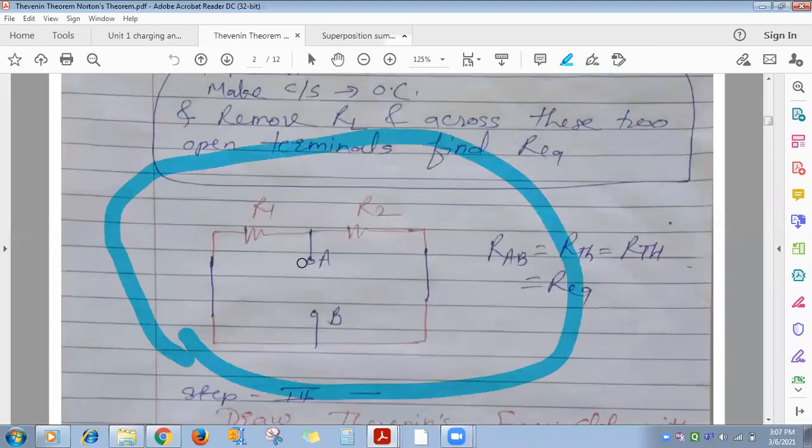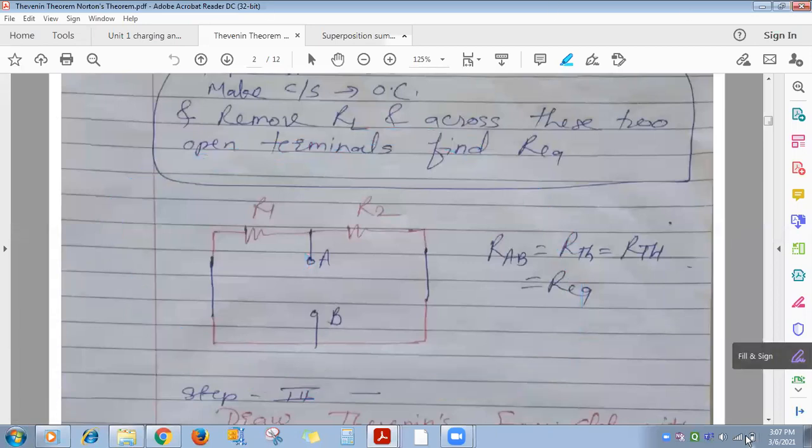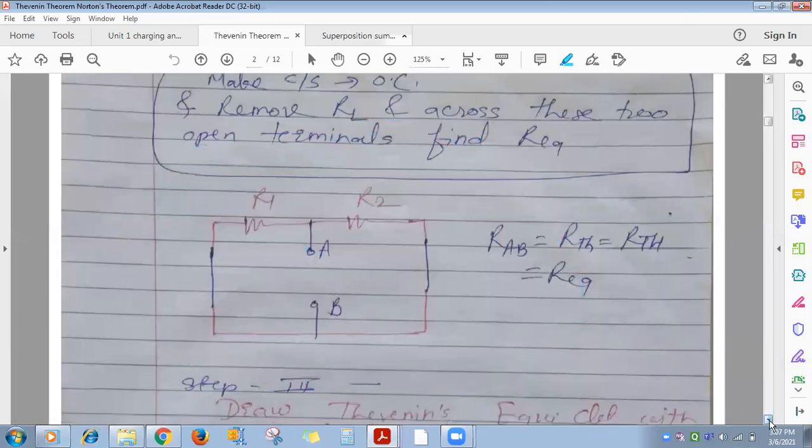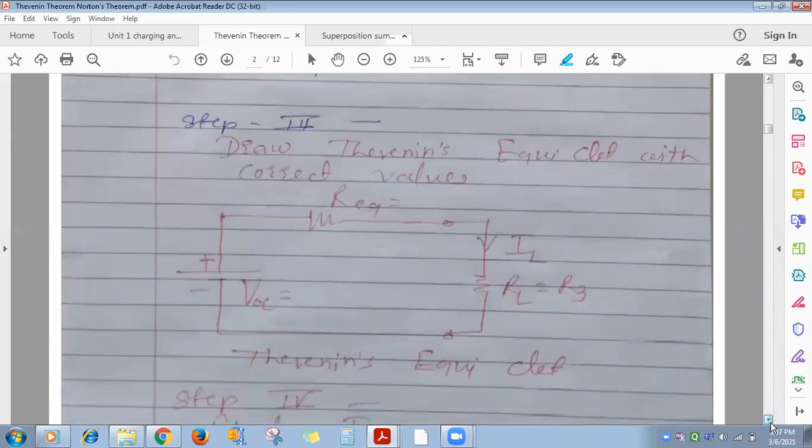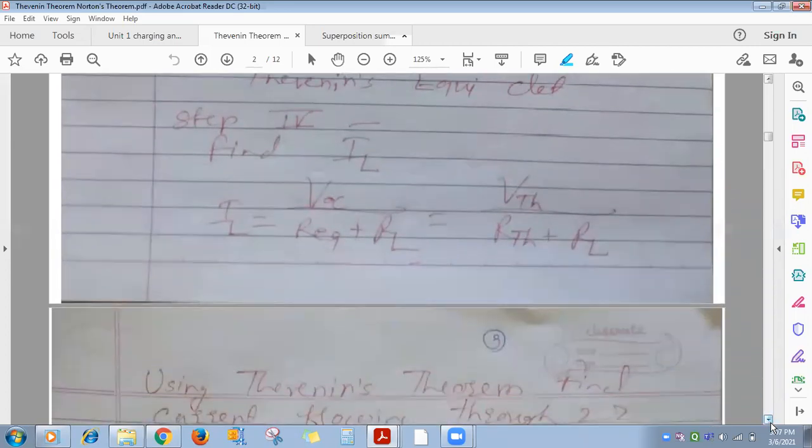And across these two open terminals, wherever load resistance was there, find out the equivalent resistance, and that is Thevenin's equivalent resistance. Third step, draw Thevenin's equivalent circuit, and then using Ohm's law, you can find out the current flowing through load resistance.